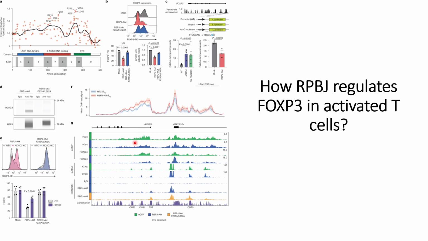so that FOXP3 expression does not get affected too much in the case where RBPJ is overexpressed, and they made the RBPJ expressions comparable to the case where the RBPJ mutant is used.